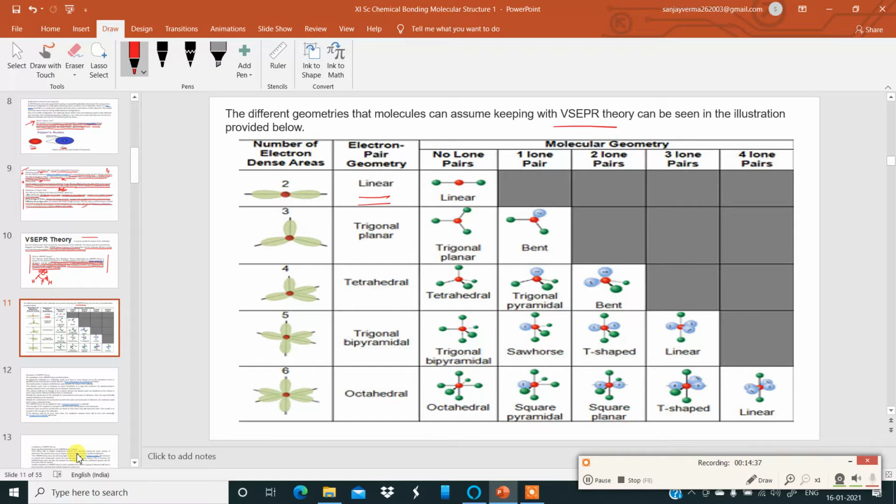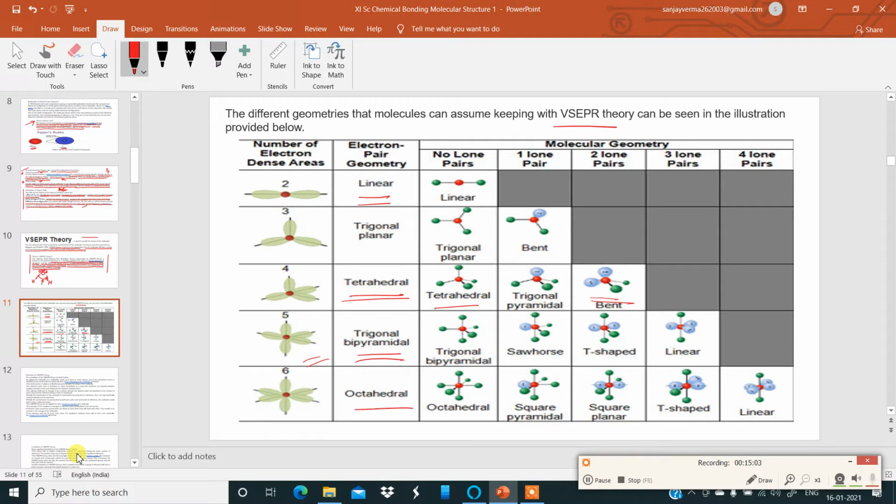Then, the number of electron dense areas is 4, so it will have a tetrahedral electron pair geometry. With one lone pair, it will be bent. Similarly, for 5 electron dense areas, trigonal bipyramidal, with lone pairs 1, 2 and 3.